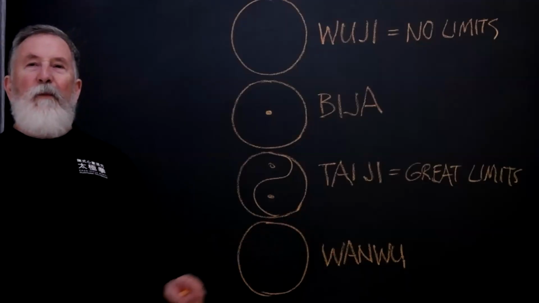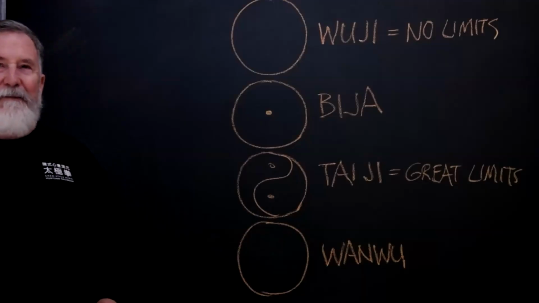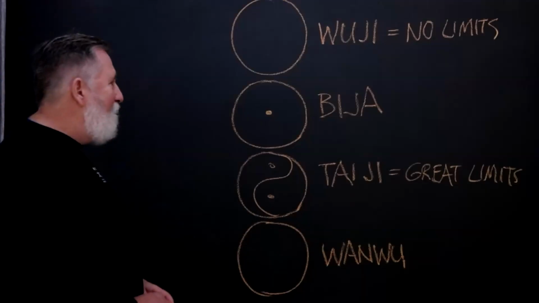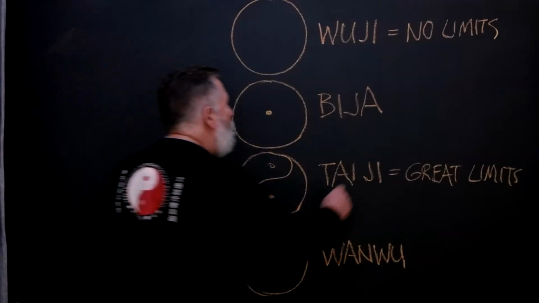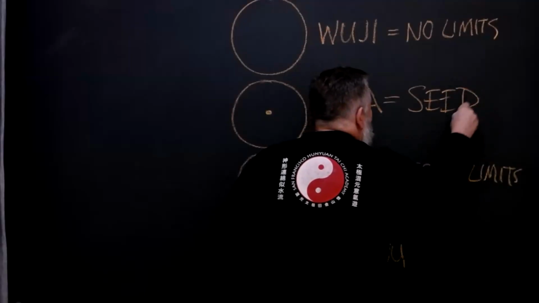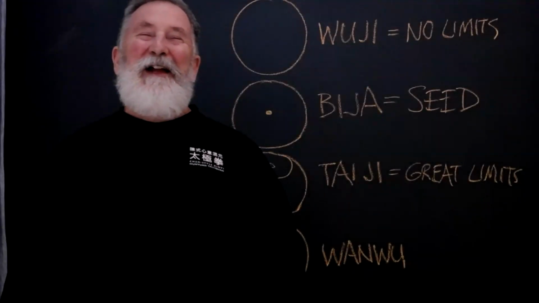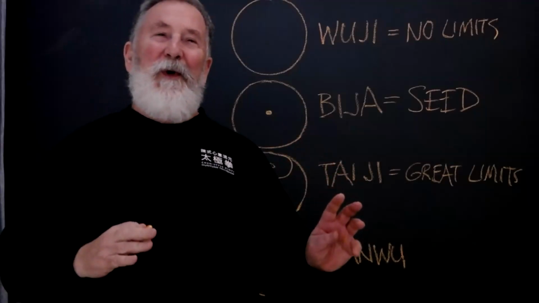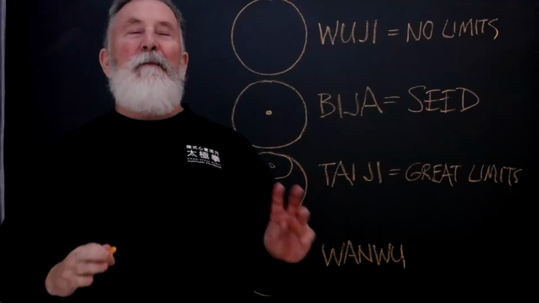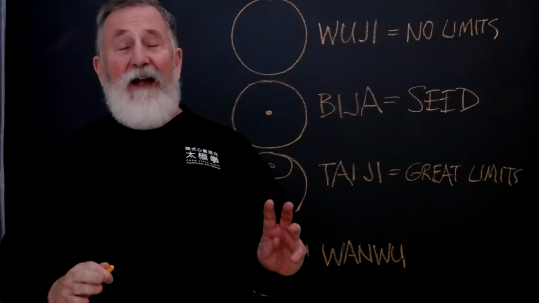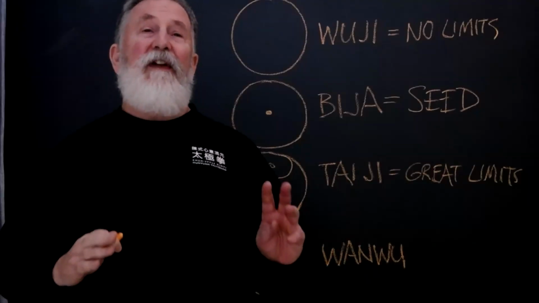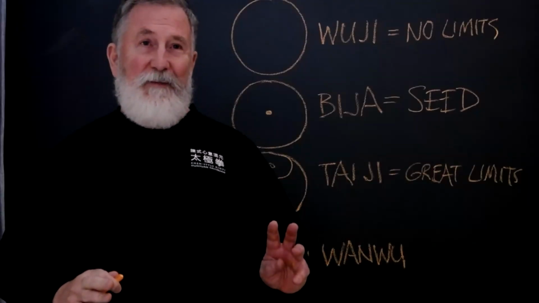What does Wan Wu mean in Chinese? Well, we know Wu means nothing, or zero. Oh no, you don't understand Chinese. The word Wu probably means, honestly, I'm not exaggerating, at least 50 different things.